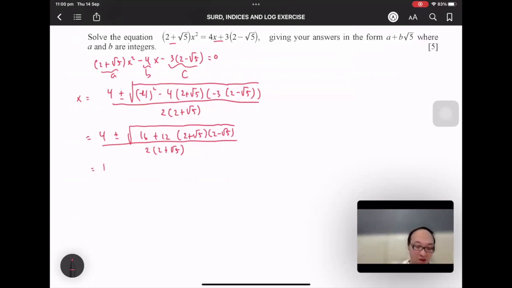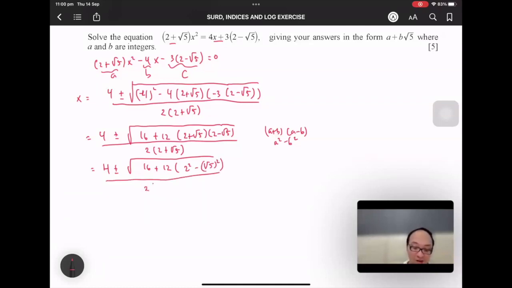So in here I will have the square root of 16 plus 12 times. So this is a plus b and a minus b. They are conjugates. So the sum multiplied by the conjugate will become a squared minus b squared. So it's 2 squared minus root 5 squared.